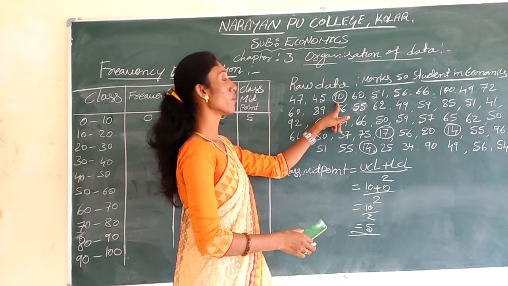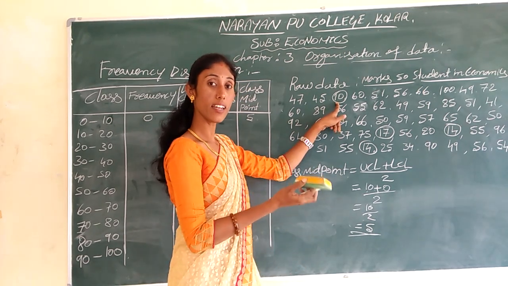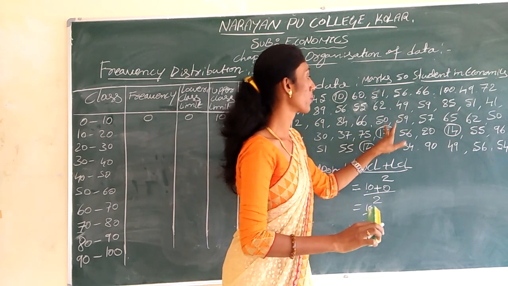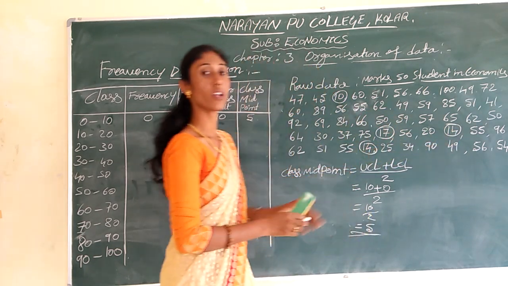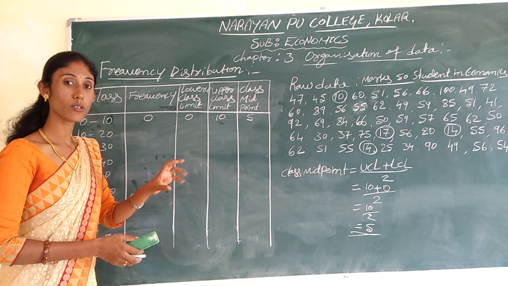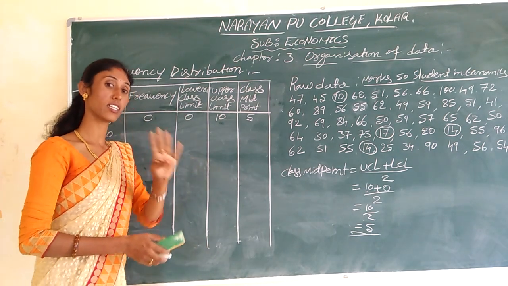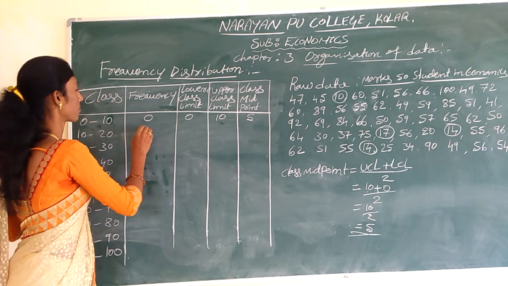These are the values more than 10 and below 20. 1, 2, 3, 4. The number of values that appear between 10 and 20 is 4. Then the frequency is 4.